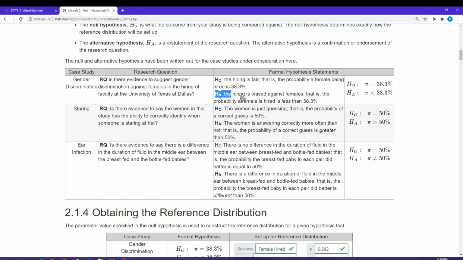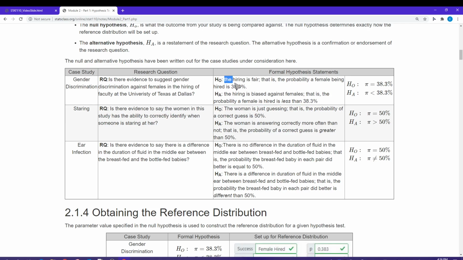So the alternative hypothesis here is that there was bias against females, and the probability a female is hired is actually less than that 38.3%. So again, the alternative hypothesis here would support the research question, or is a confirmation of the research question.